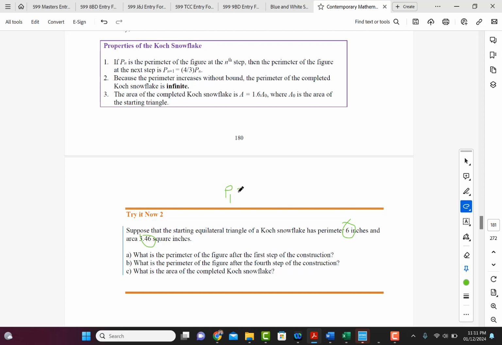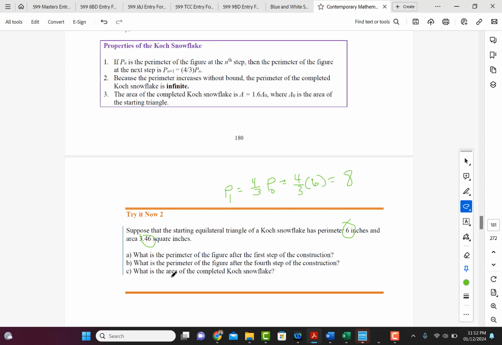So P1 would be what? It'd be 4/3 times P0, which then, of course, will equal 4/3 times 6. And of course, that will equal 8 inches.